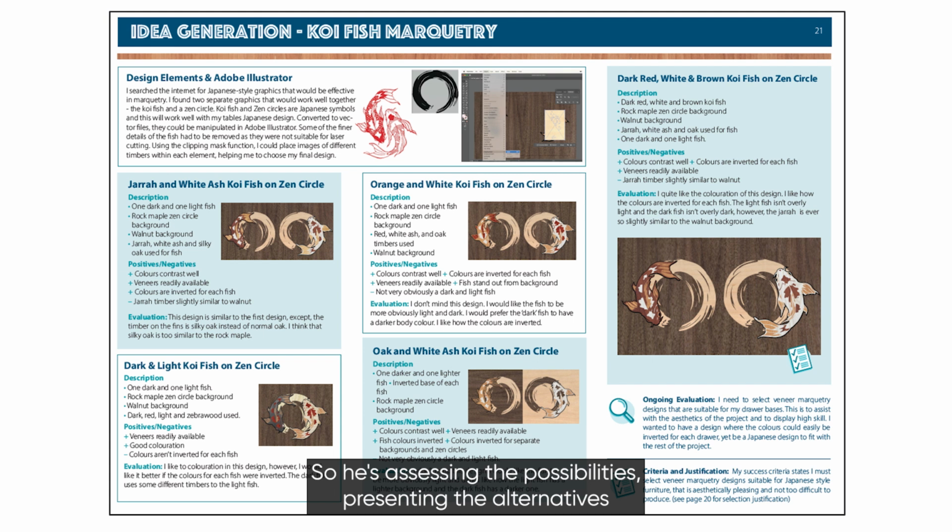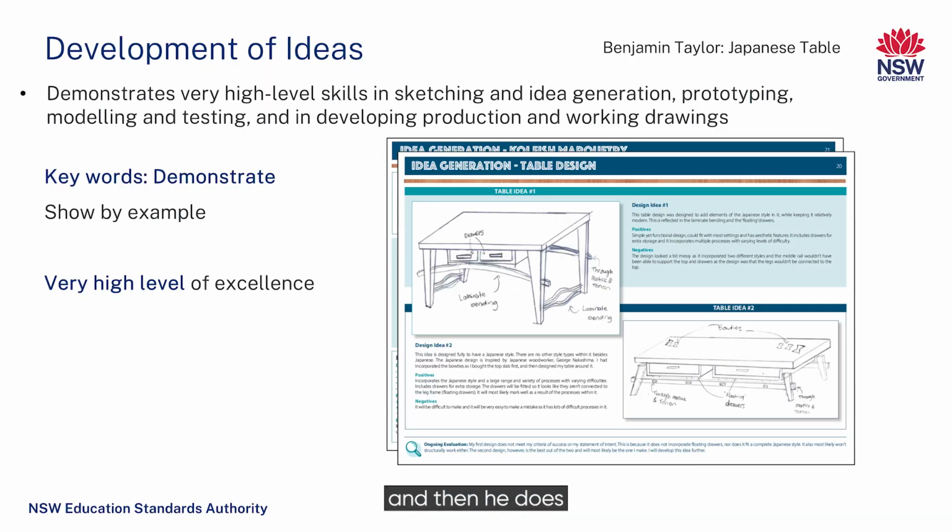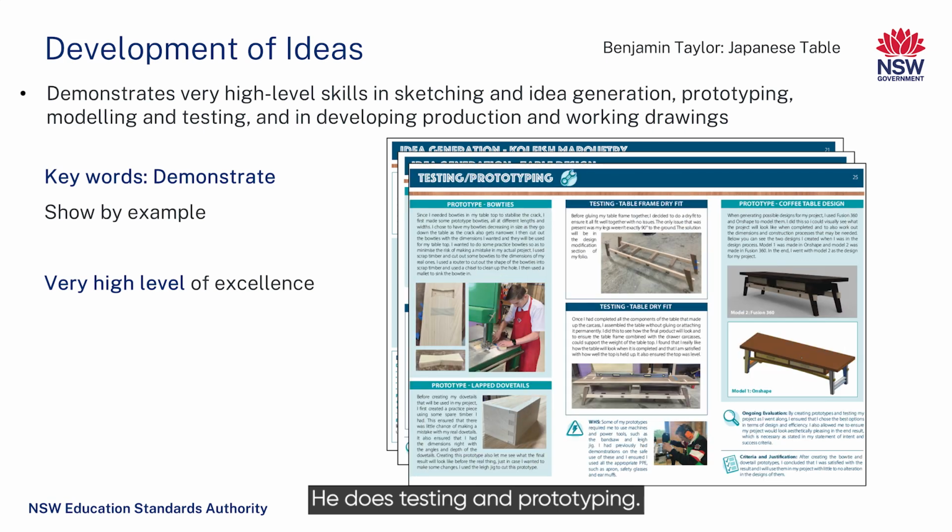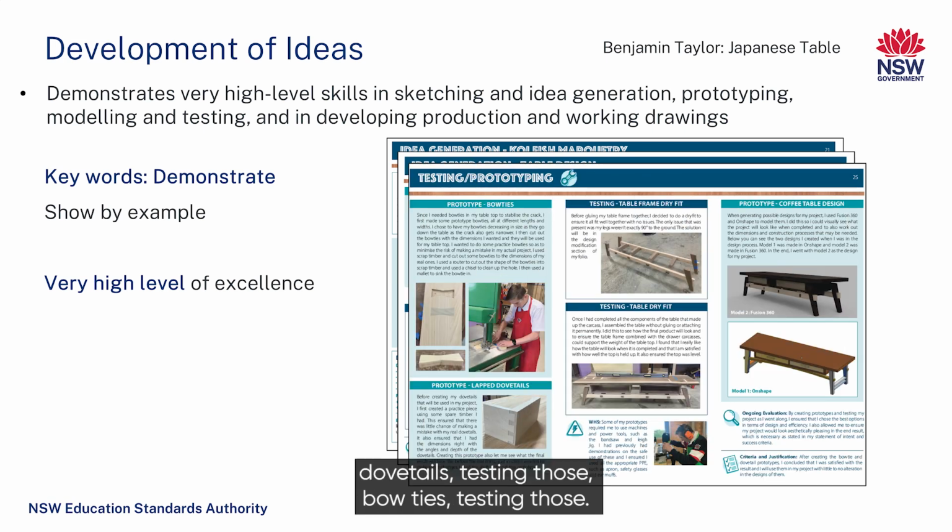So he's assessing the possibilities, presenting the alternatives. And then he does rough sketches, lots of annotations with the positives and the negatives. He does testing and prototyping, so he does the dry fit, dovetails, testing those, bow ties, testing those. They're all evaluated as well.